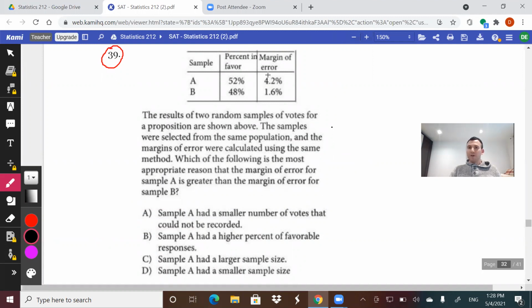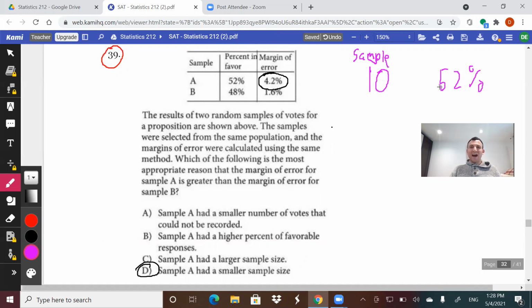It's really a simple concept, actually. The margin of error for sample A is greater than the margin of error for sample B because sample A has a smaller sample size. How can we think about this? If I only ask 10 people whether they're for or against something, and I get that 52% are for, but I've only asked 10 people, that's my sample, I can't feel that confident in what I get.